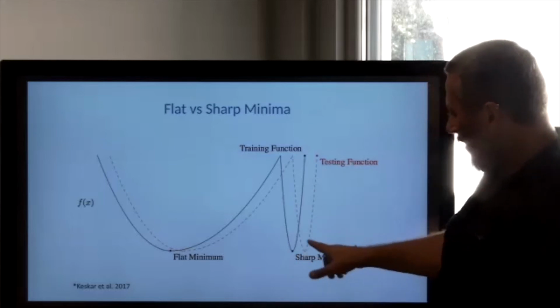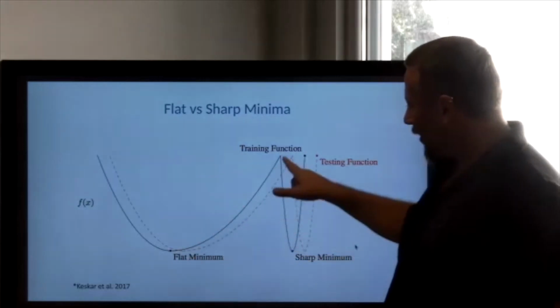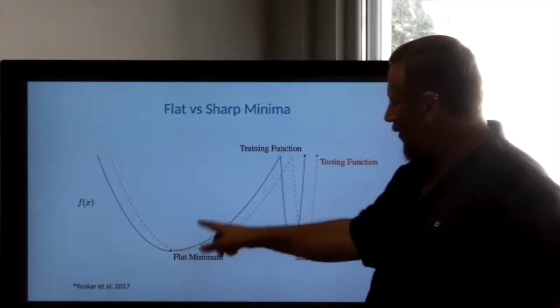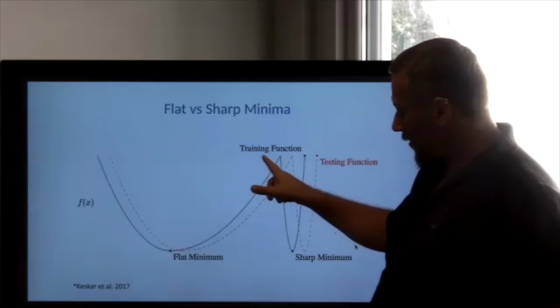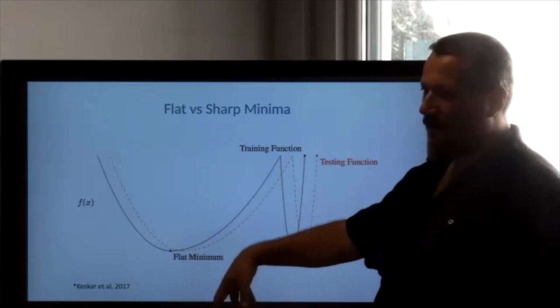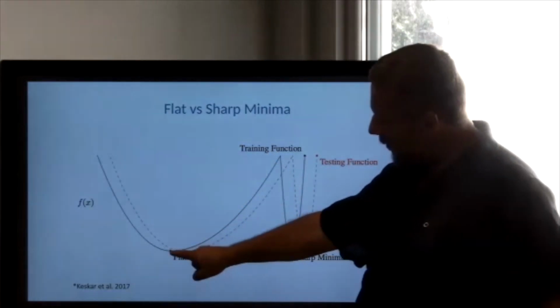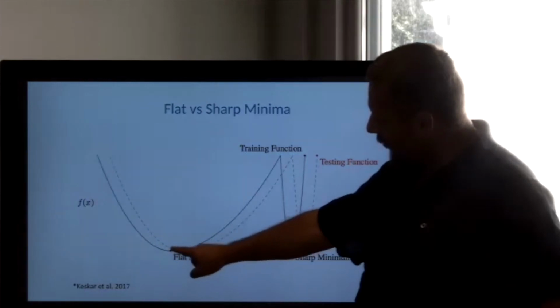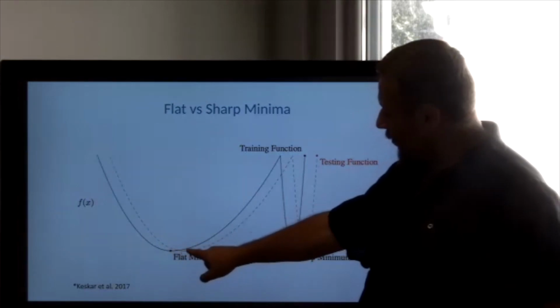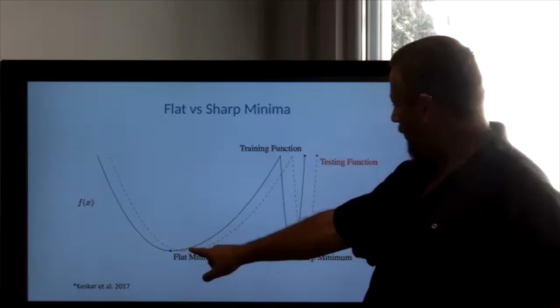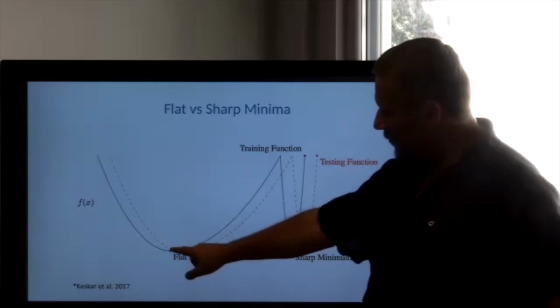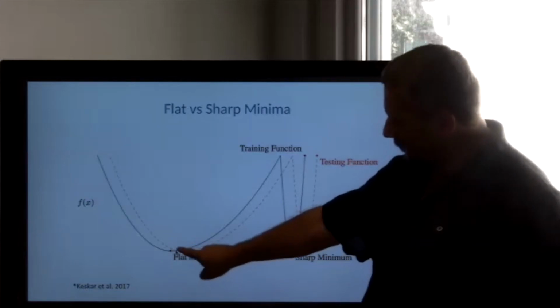And then if you look at this, let's say you found this flat minimum of the training function and you use it for the testing function. As you can see, this is also a point which is very close to the minimum of the testing function, right? The value is just a little bit up, not much.